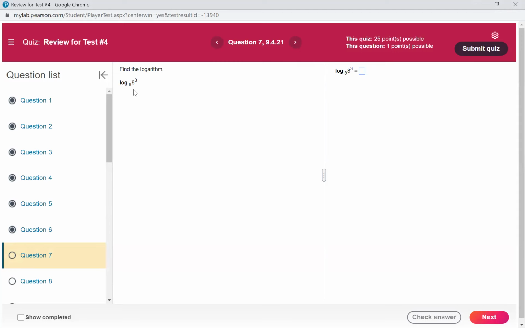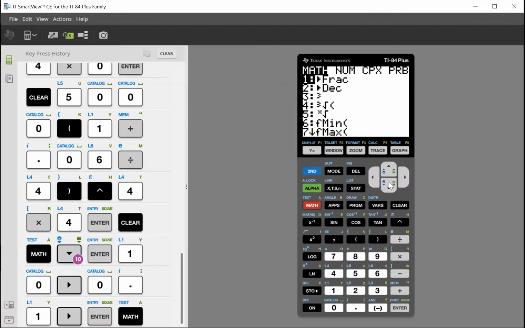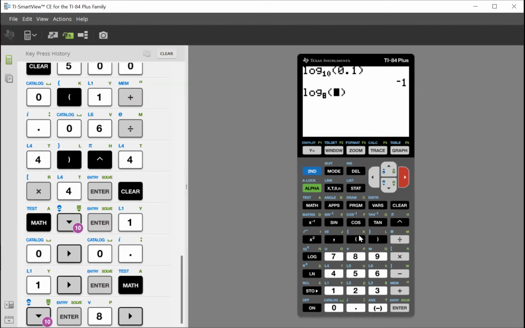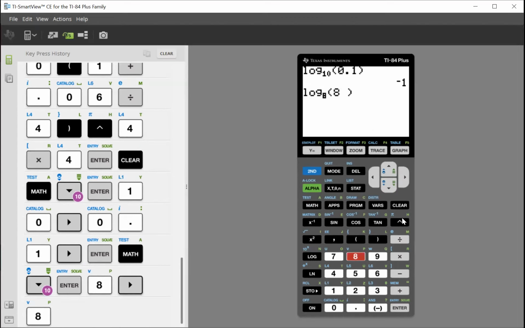All right, log base 8 of 8 to the third. I'm going to do that on the calculator, same thing. So I'm going to go to math and get that log base again. Hit enter. So it's a log base 8, and then I'm going to arrow right, and it was 8 to the third, so that'll be an 8, exponent 3.